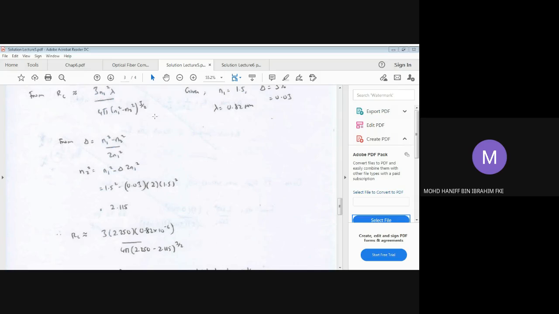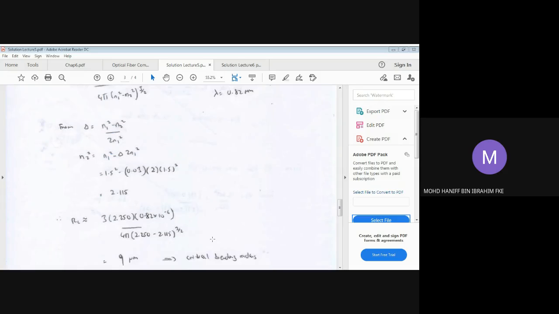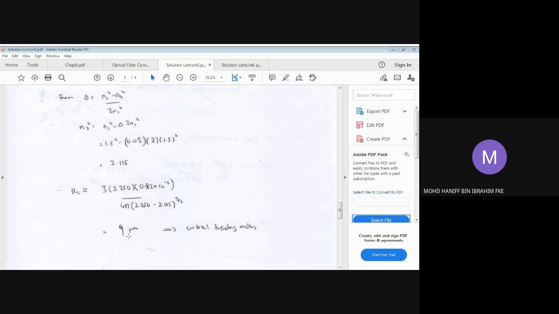By substitution of this information, the radius of curvature, the RC, will be 3, N1 squared will be 2.25, lambda is given 0.82 micrometer, 4 pi, and this N1 squared minus N2 squared will give us this value. For that particular calculation, we are going to get the RC will be 9 micrometer.